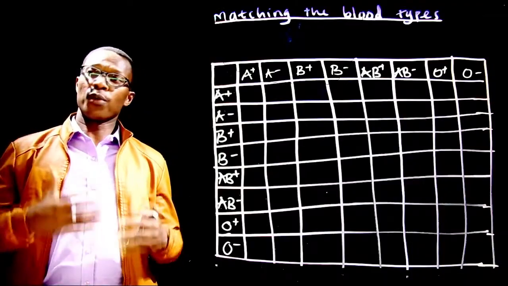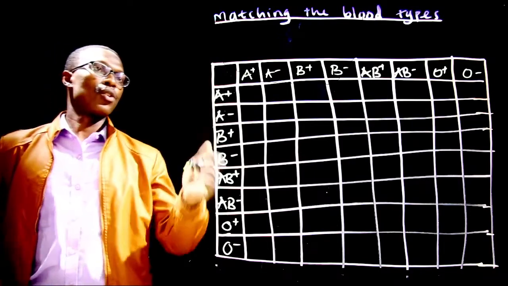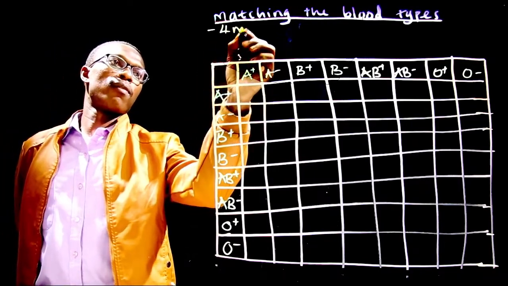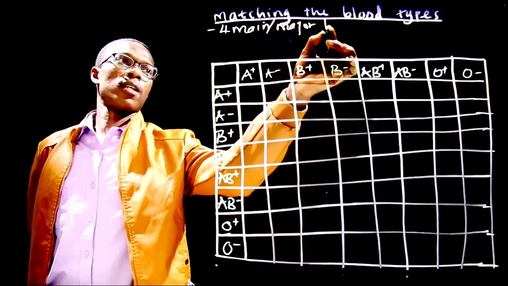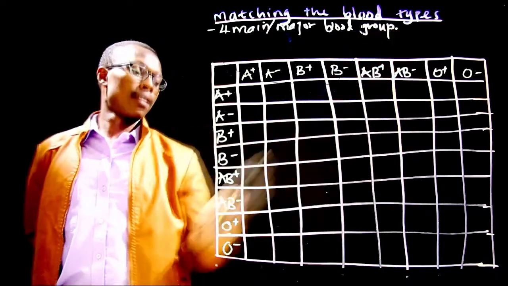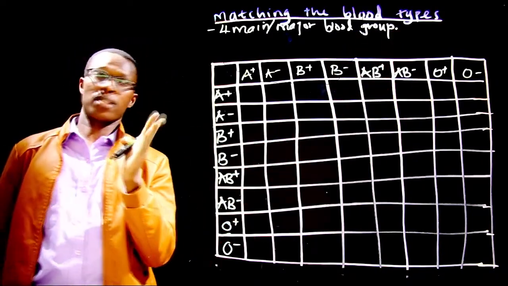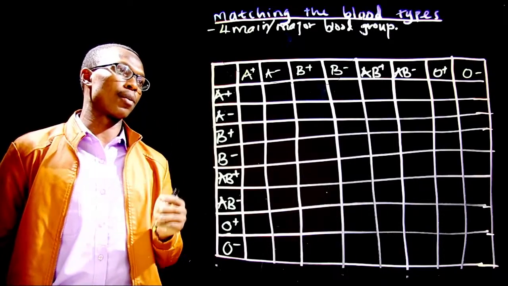Okay, learners, so now we have discussed the 4 major blood groups. Now from those 4 major blood groups, we can come up with the 8 types of blood groups.